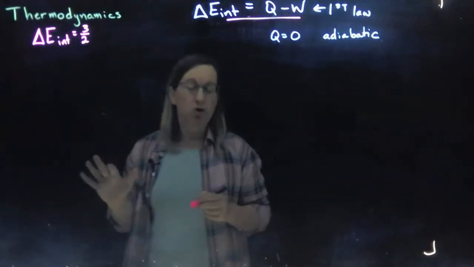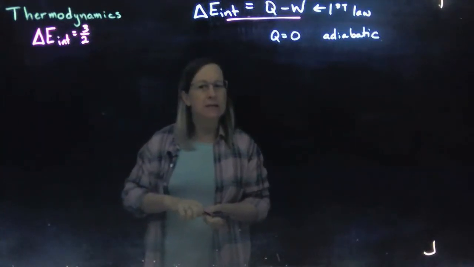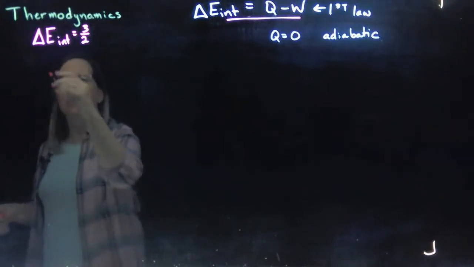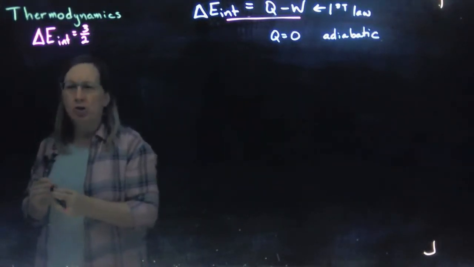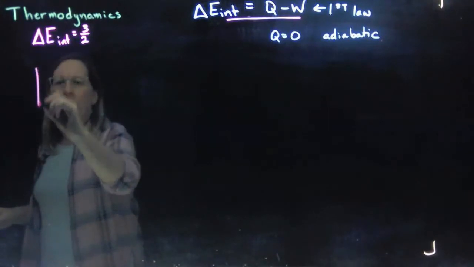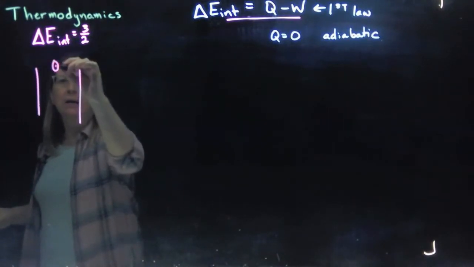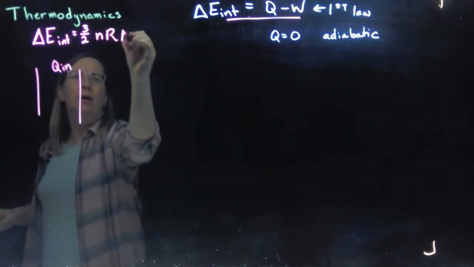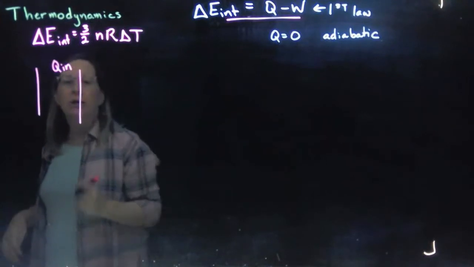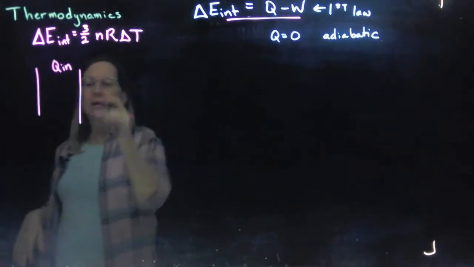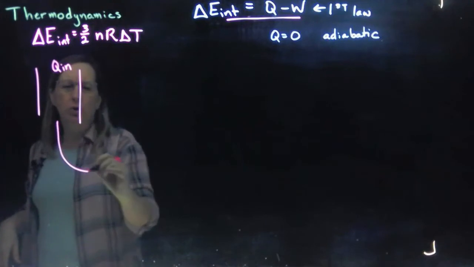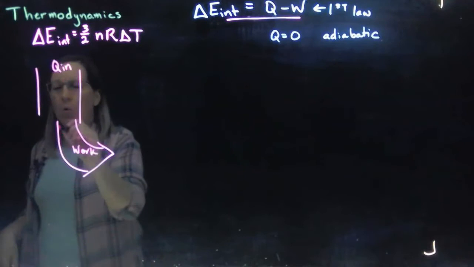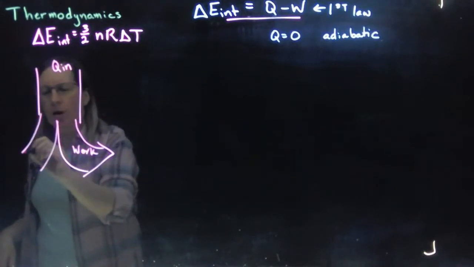So our picture generally for these types of cyclic processes, these repeating processes, which is really what an engine is, from energy conservation, we have heat in because we end up at the same place every time. Our internal energy change is 0, so the heat in goes into work, or it goes into our heat out, right?